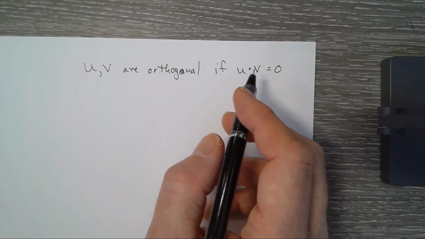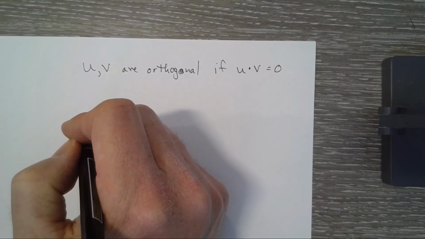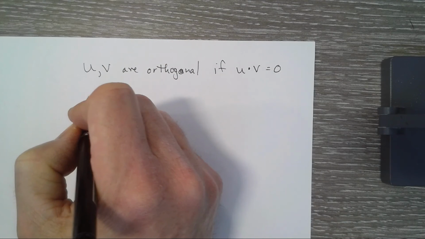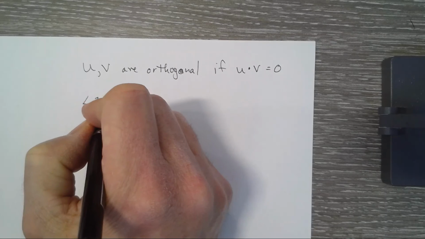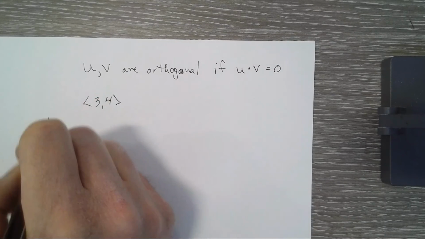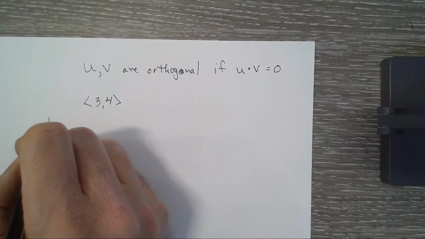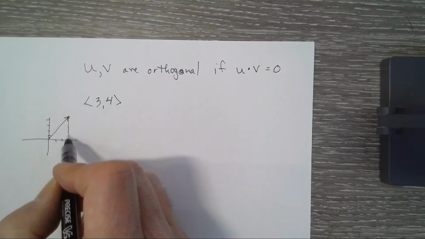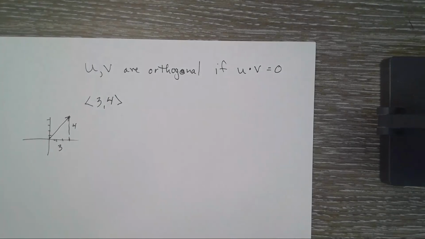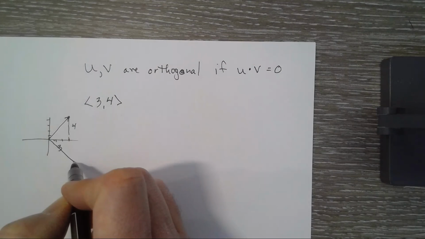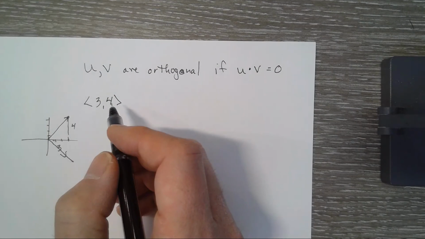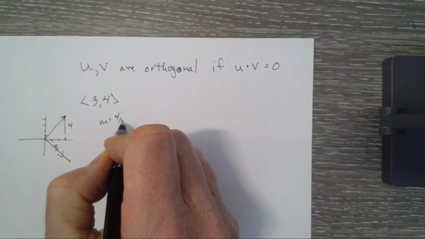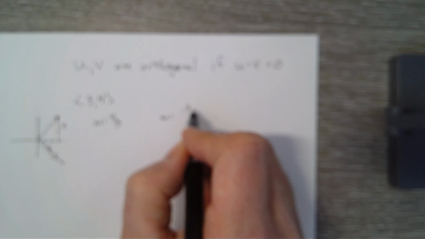So let's see if I can come up with two vectors that are orthogonal. So let's say u is 3, 4. That has a slope of 4 over 3. So I want one that has a slope of negative, since that slope is 4 over 3, perpendicular would be negative 3/4.